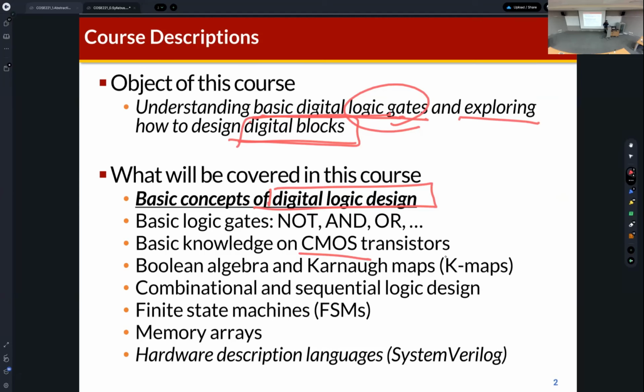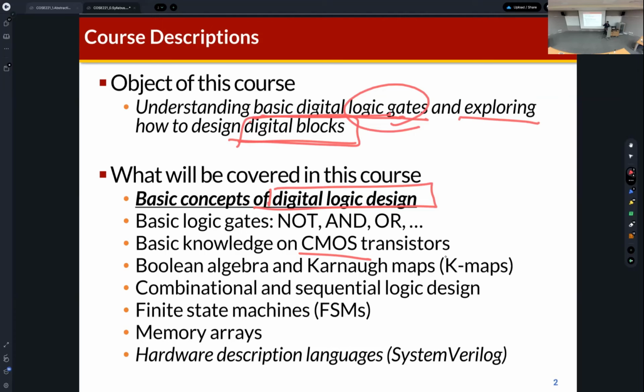I believe recently you hear about why the semiconductor industry is very critical, right? Recently the United States is focusing on the semiconductor industry. Also Korea.